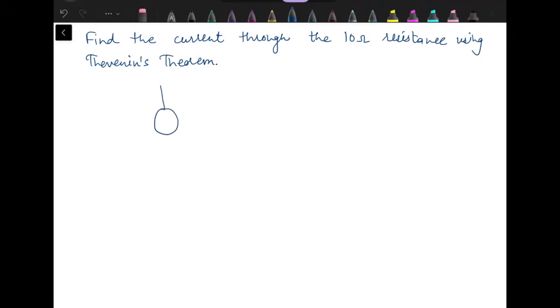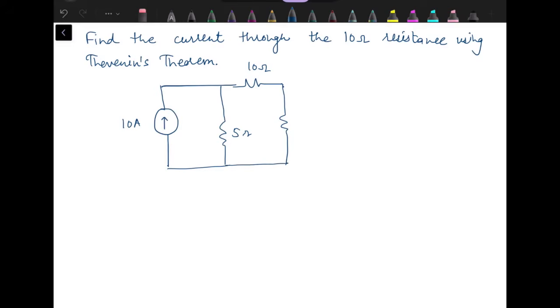Now for this problem, the circuit is having two sources. One is current source while the second one is a voltage source. This is 10 ohm resistance, which is actually load resistance.